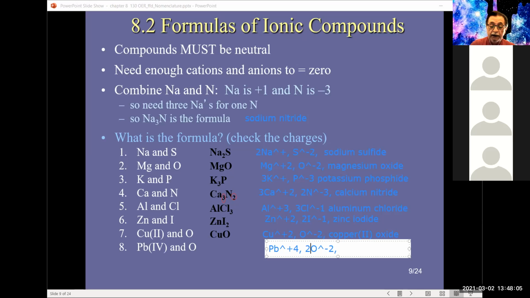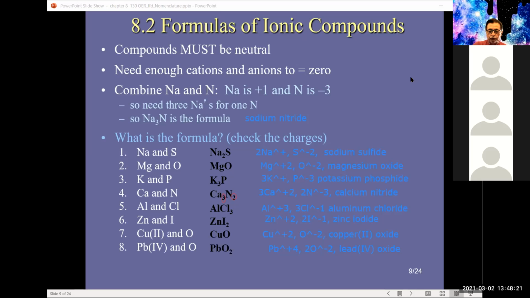Name-wise, lead, Roman numeral 4, oxide. The formula is simply Pb and then O2, because I needed 2 oxygens, or 2 oxides, to cancel the +4 from the lead.